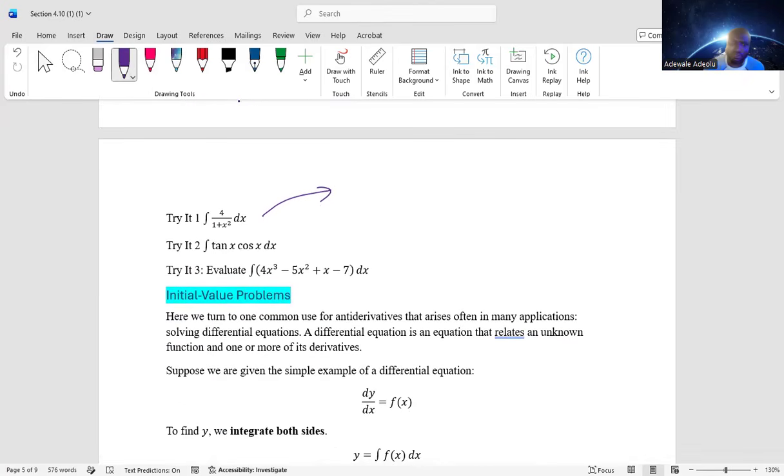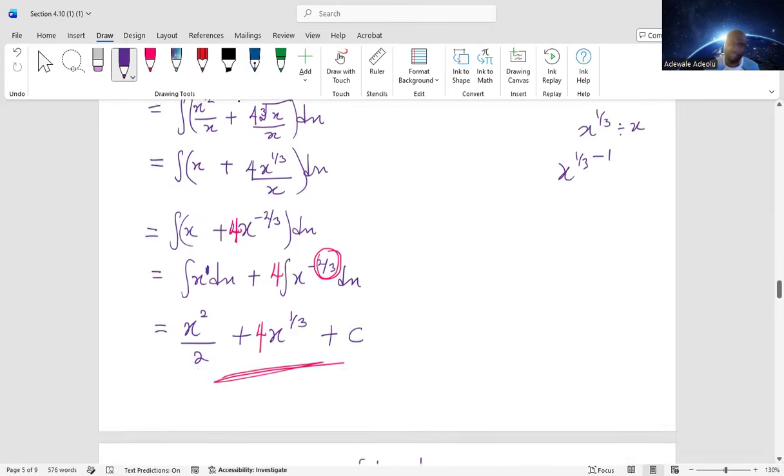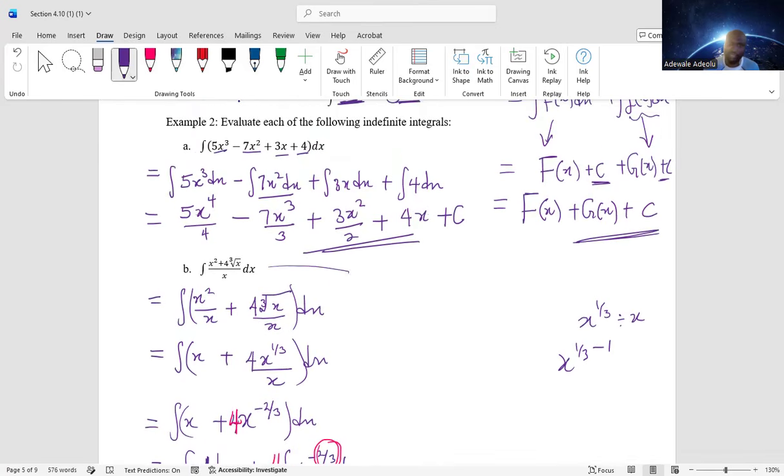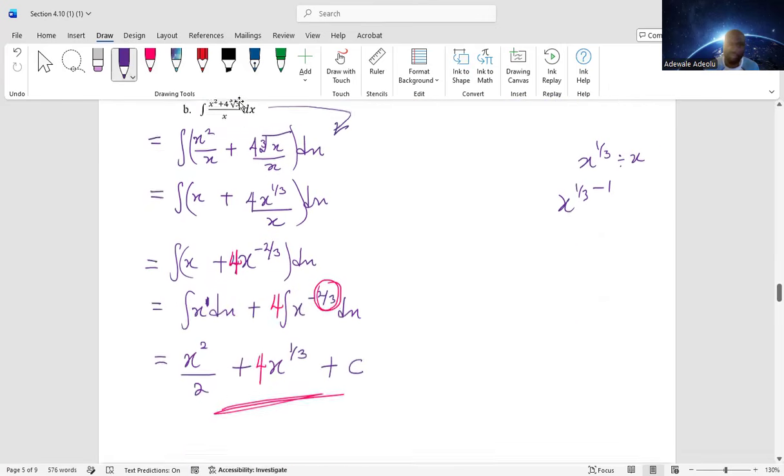Try it for yourself, but let me try, since I might not be able to respond to your answer. Let me just say we have the integral of 4 over 1 plus x squared dx. In this case, we will not be able to simplify it as we did here.